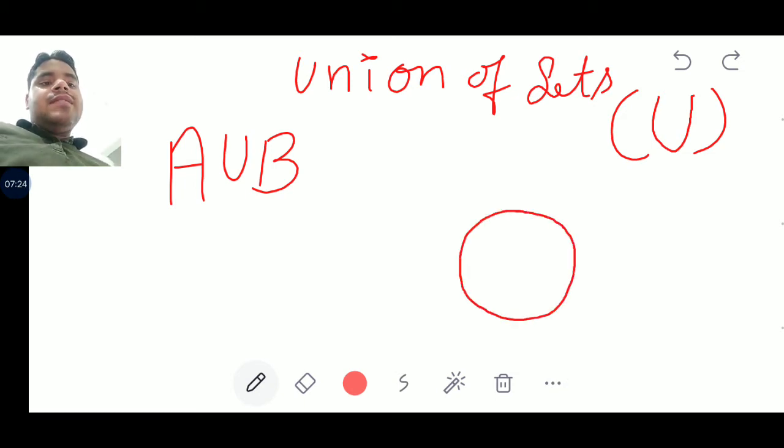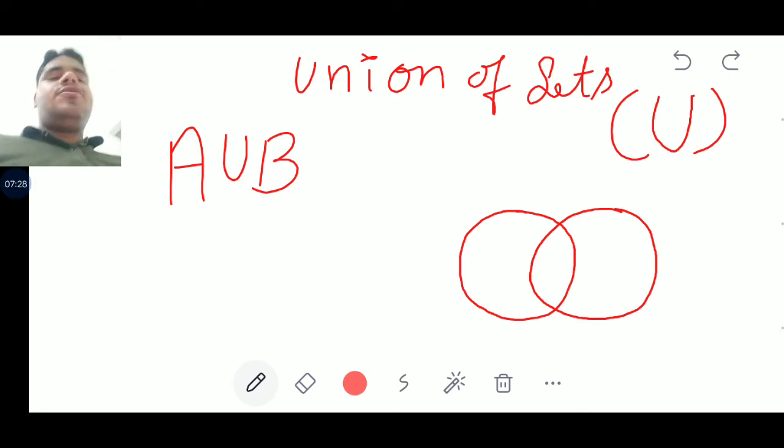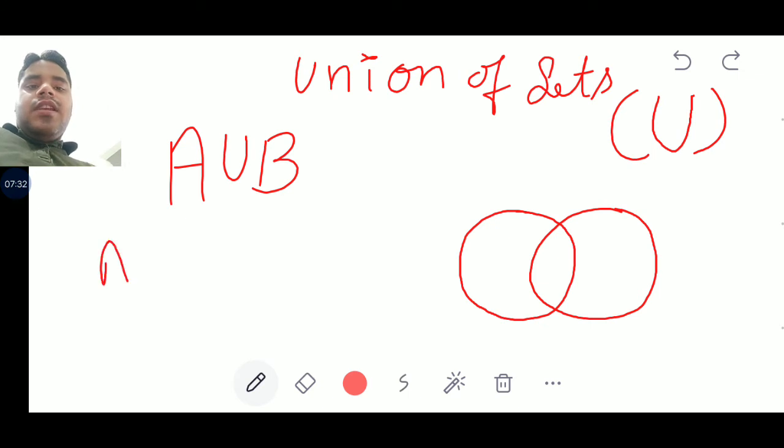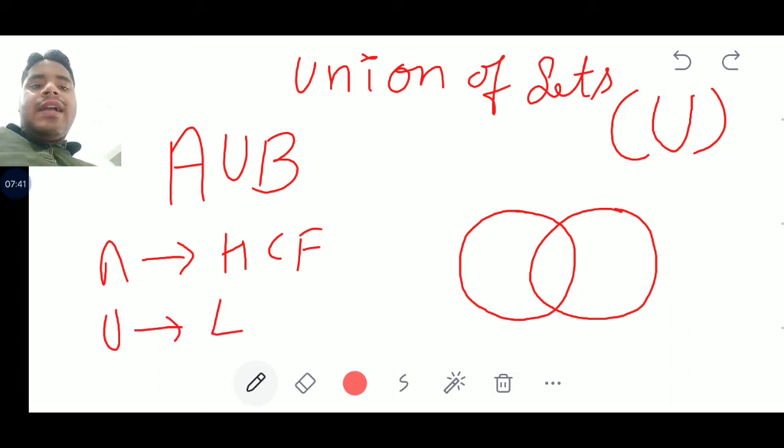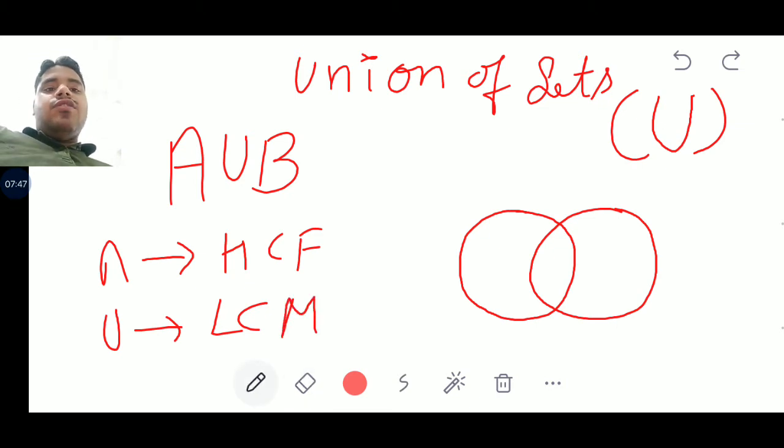I always compare intersection and union with HCF and LCM. Intersection is comparable with HCF, where we use common factors only, and union I compare with LCM, where we use a number which contains every value of both the sets.